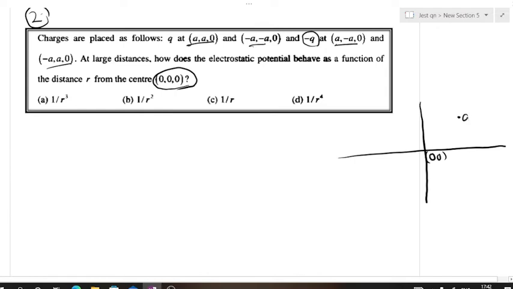Suppose plus q at (a0, a0), and another plus q in the third quadrant at (minus a0, minus a0), and minus q here at (a0, minus a0), and another minus q at (minus a0, a0). So connect this.